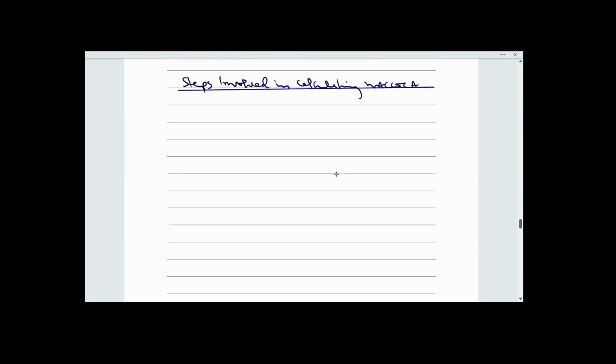Steps involved in calculating WACOCA. So basically, there are 7 procedures that you can carry out whenever you want to compute WACOCA. Step 1, so the first step is to identify the beta of each activity.